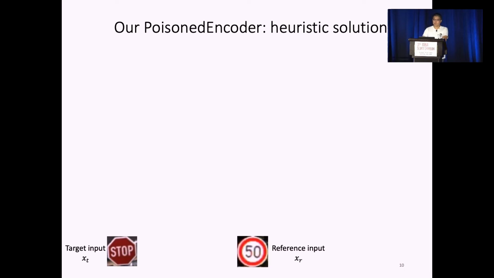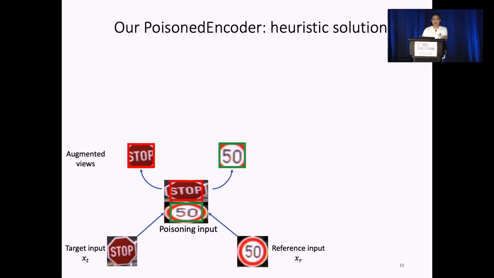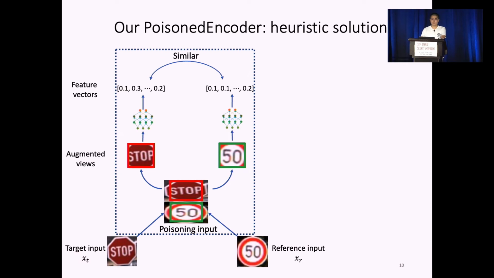Given a target input and a reference input, we create the poisoning input by either horizontally or vertically combining them. So when the encoder is pre-trained on the poisoning input, it will create two random augmented views by using random cropping and resizing. And the encoder will pre-train in a way to produce similar feature vectors for these two augmented views.